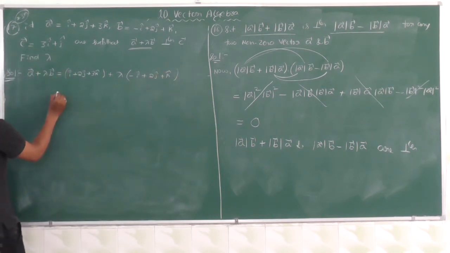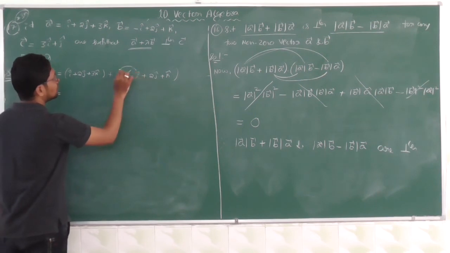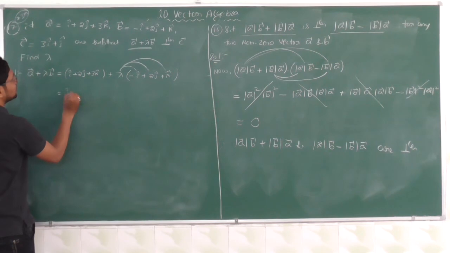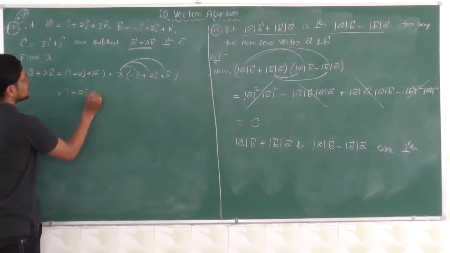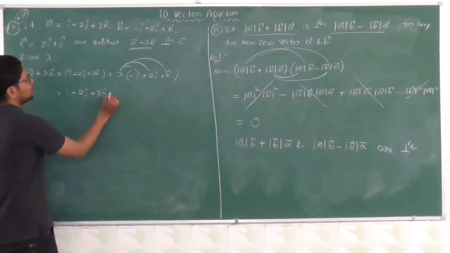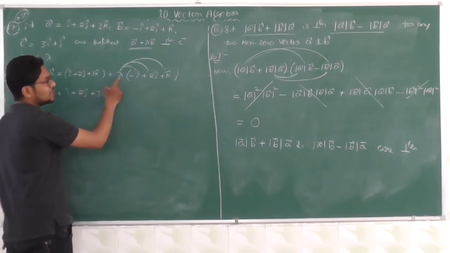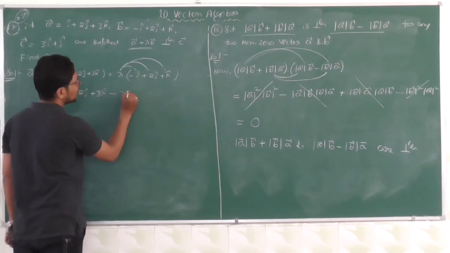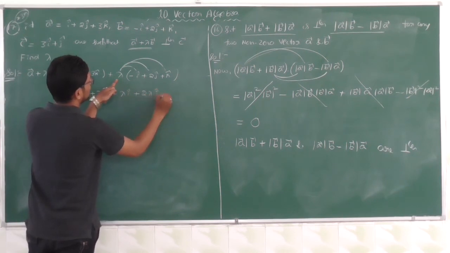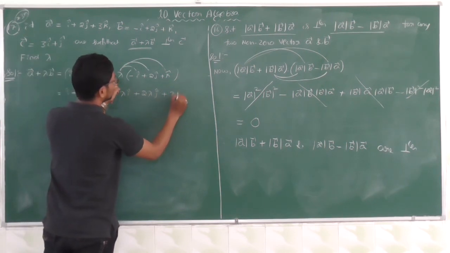That is equal to, you just multiply this lambda inside the brackets. I cap plus 2j cap plus 3k cap, you just write as this, plus lambda into minus I cap, that is minus lambda I cap. Next, 2 plus 2 lambda j cap plus lambda k cap.